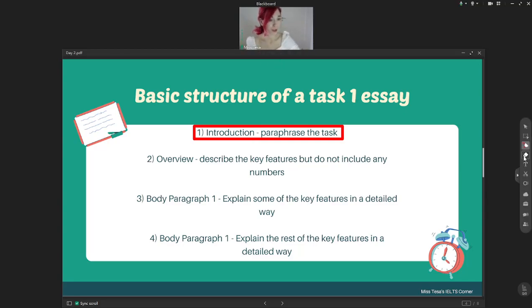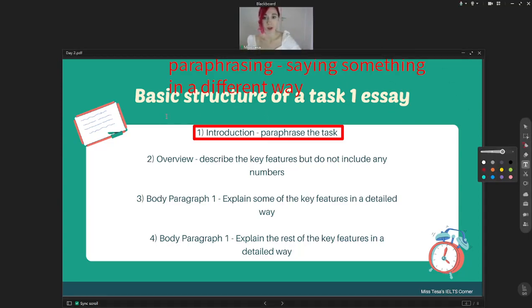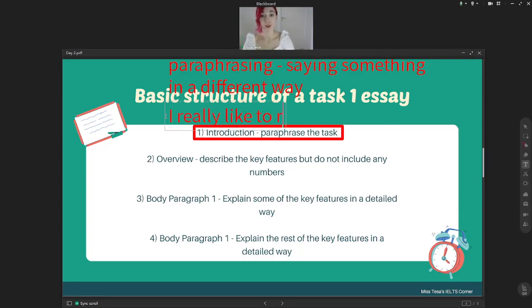So, for anybody who doesn't know, paraphrasing is saying something in a different way. So what does that mean? For example, I can say, I really like to read books. Or I can say, I'm keen on reading books.